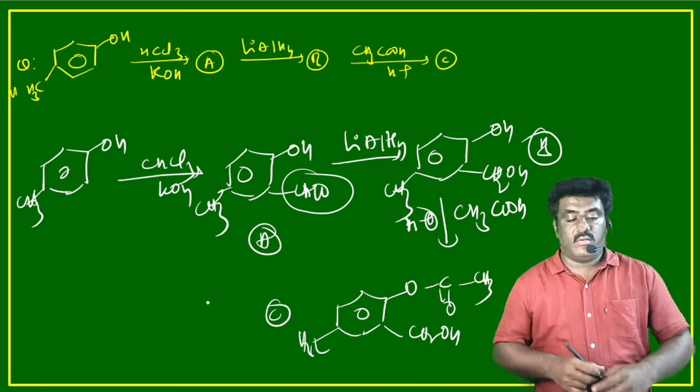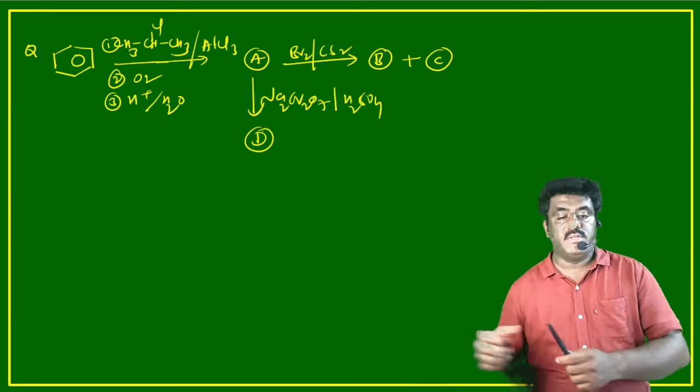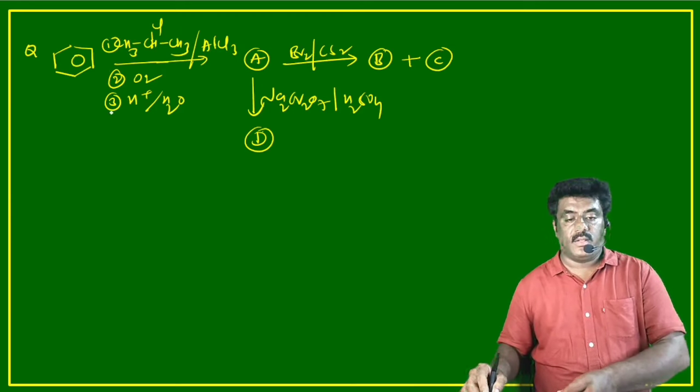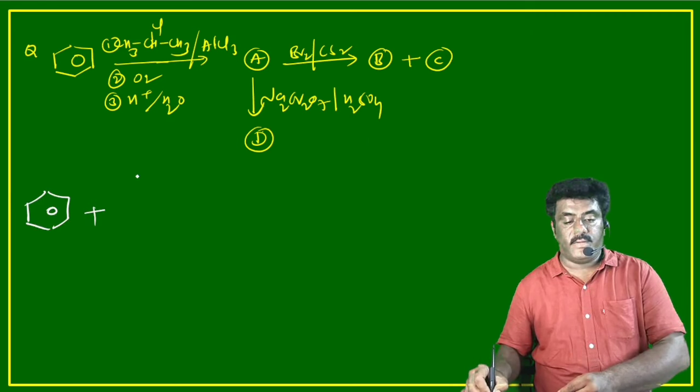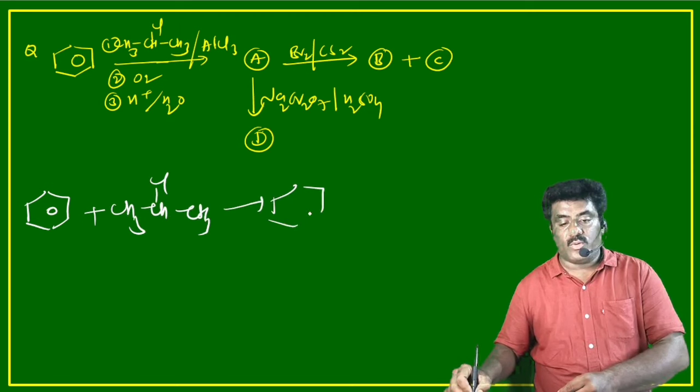Okay, have a look at the next question. Benzene with 2-chloropropane, CH3CHClCH3, forms cumene, isopropyl benzene.